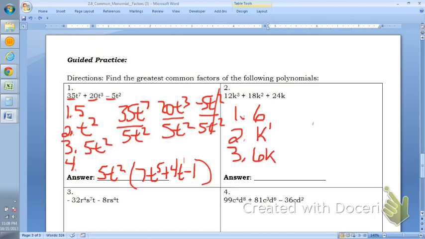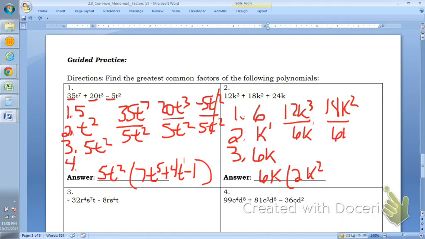Divide each term by 6k to find your factor pair. So our final answer is 6k times the quantity. 12k to the 3rd divided by 6k is equal to 2k to the second. 18k to the second divided by 6k is equal to positive 3k to the first.